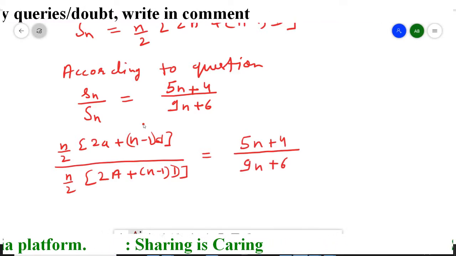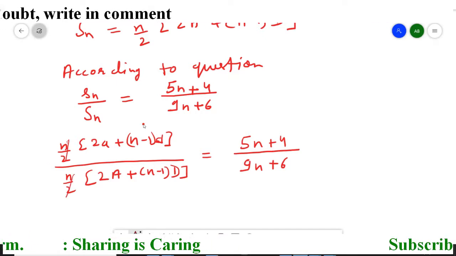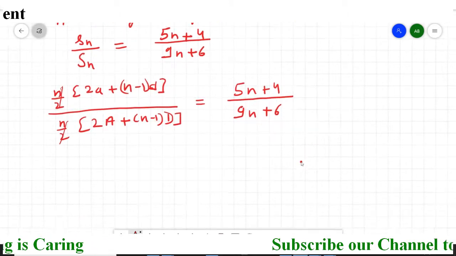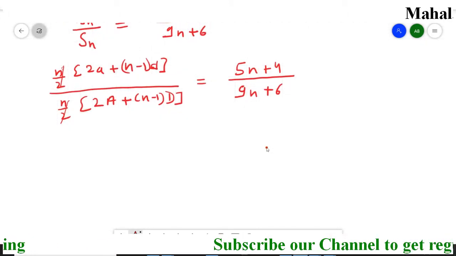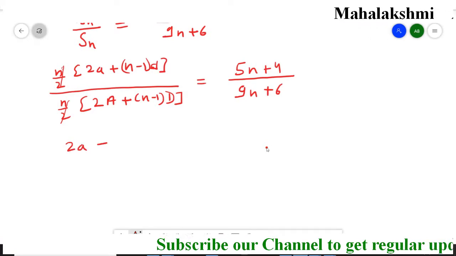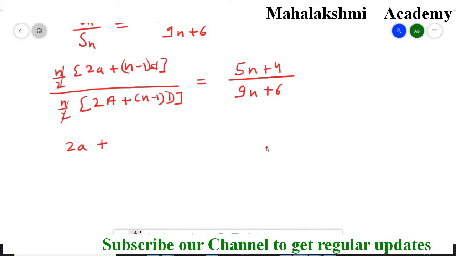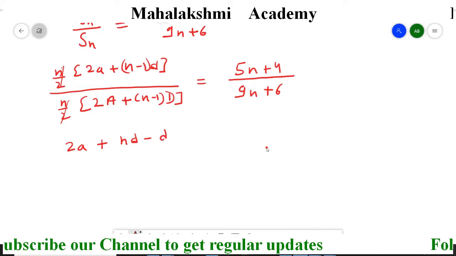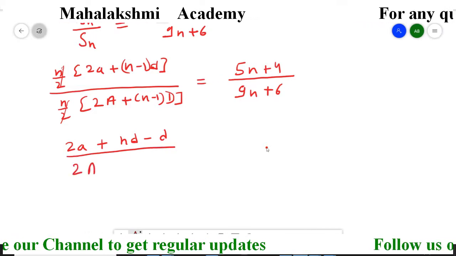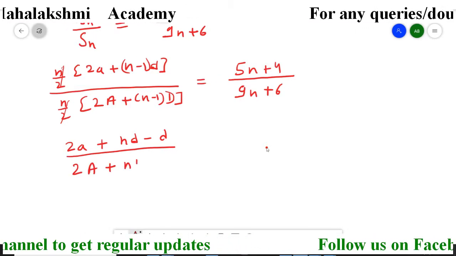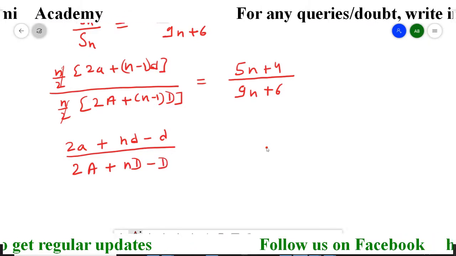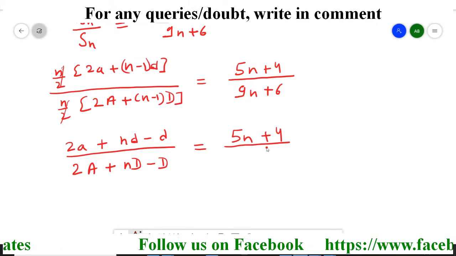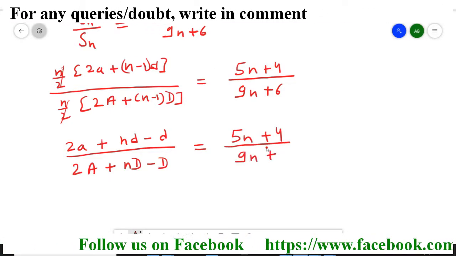Now you can see this n upon 2 and n upon 2 are the same, so they cancel each other. Now we have to open the small brackets. In the next step we get 2a plus nd minus d divided by 2 capital A plus nD minus D equal to 5n plus 4 divided by 9n plus 6.